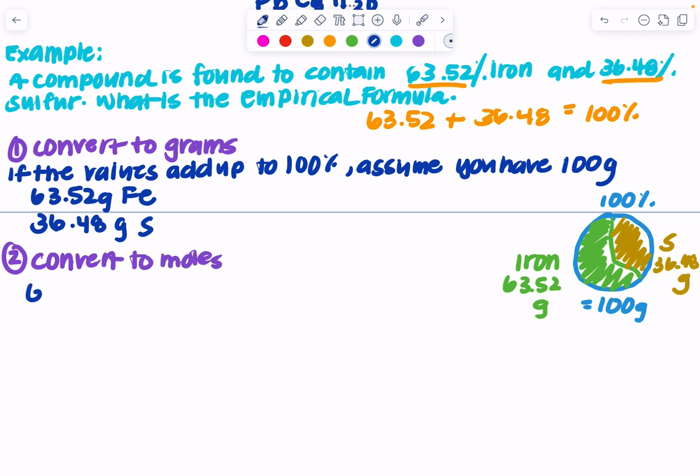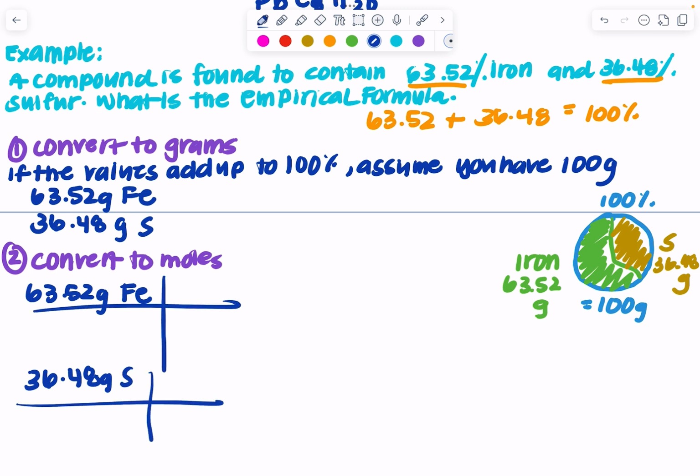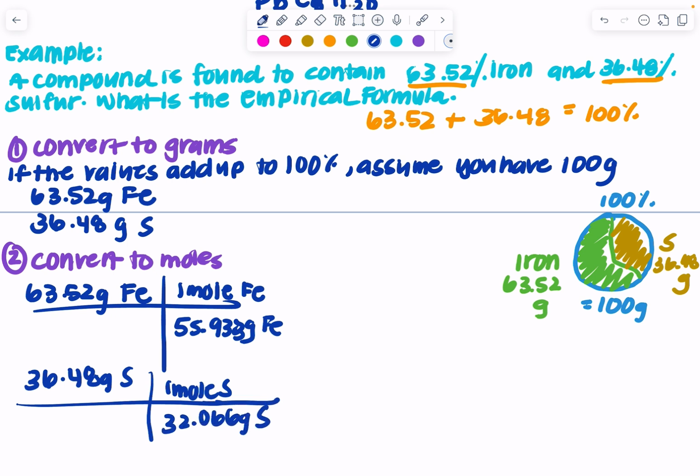It is exactly what we did in the other problem. We're just going to convert these two values to moles. 1 mole of Fe is 55.933 grams of Fe. And then 1 mole of sulfur is 32.066 grams of sulfur. And again, my values might look a little bit different than yours. I don't know if we're using the same periodic table. I also have both of these memorized.